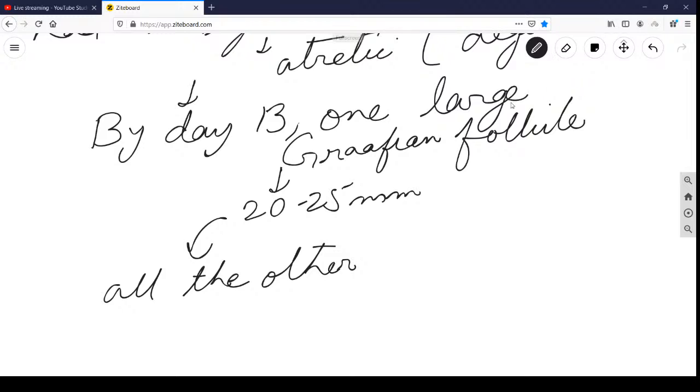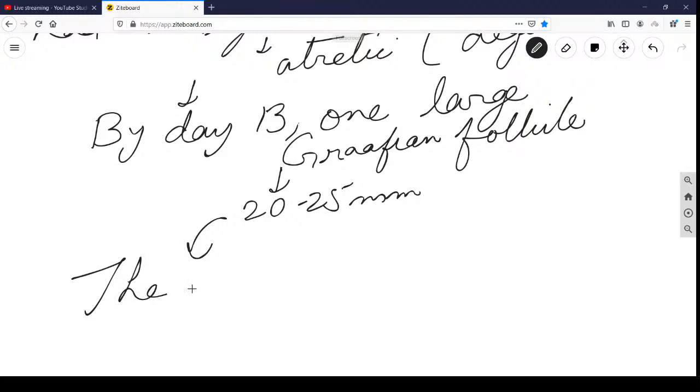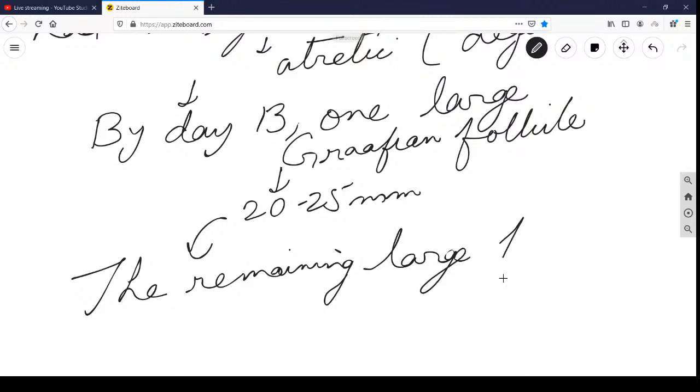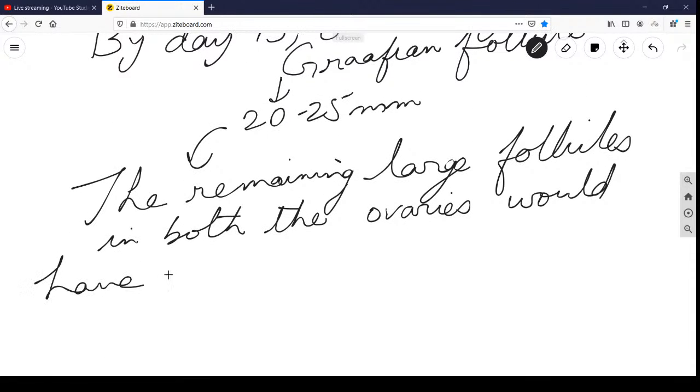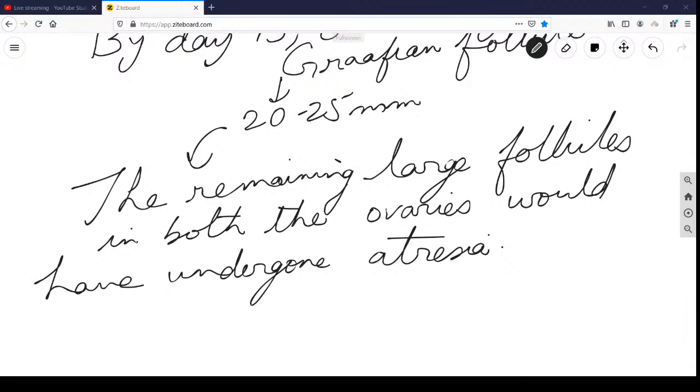The remaining large follicles in both the ovaries would have undergone atresia or degeneration. Atresia. Okay, so that is the thing.